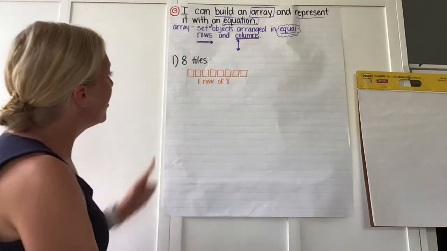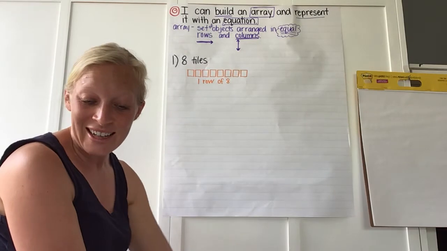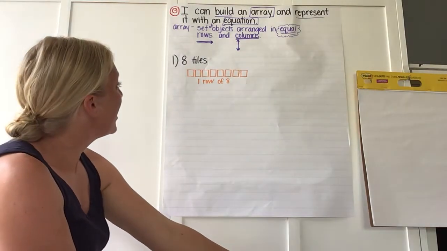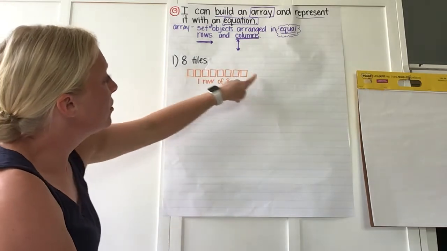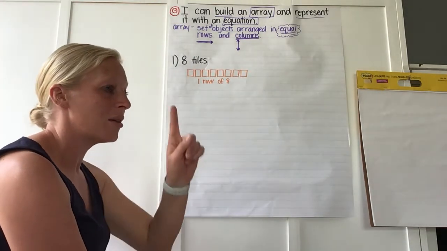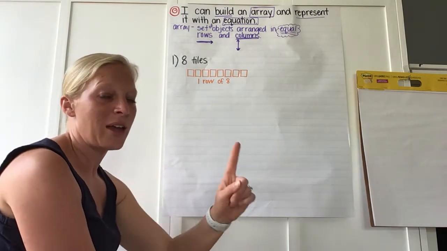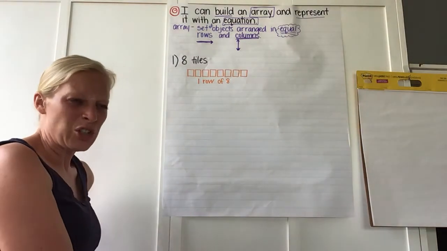Very good. 1, 2, 3, 4, 5, 6, 7, 8. Did they use all their tiles? They most certainly did. So if this is a row, how many columns did you have? Remember, our columns are how many are going this way, not this way. Kind of a trick question with this one.